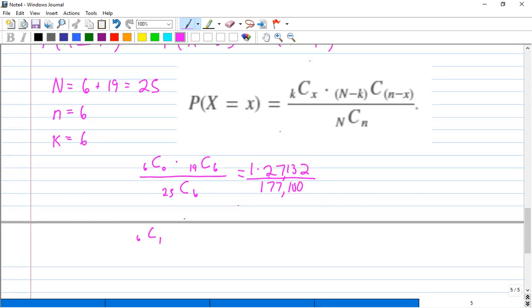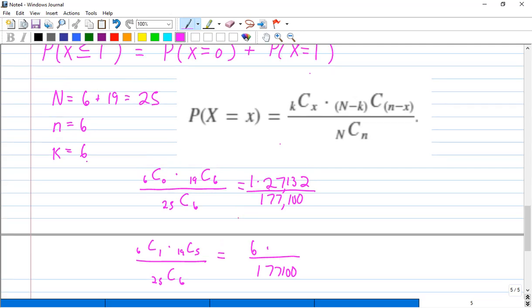Remember, x is now equal to 1. Times 19C5. And it's divided by the same thing, 25C6. So I know my denominator is going to be the same. This first thing right here, that's 6 factorial divided by 5 factorial times 1 factorial. That's just going to be 6.